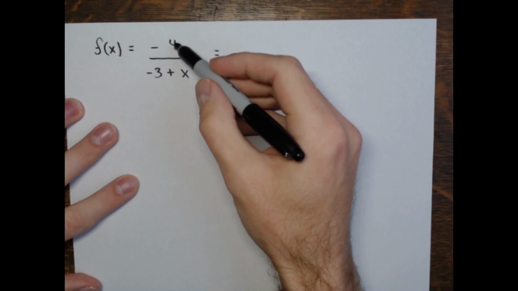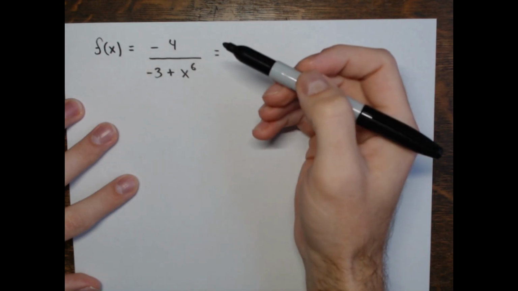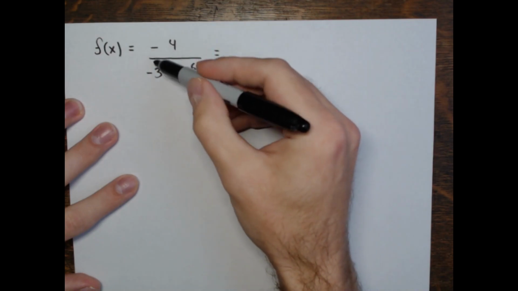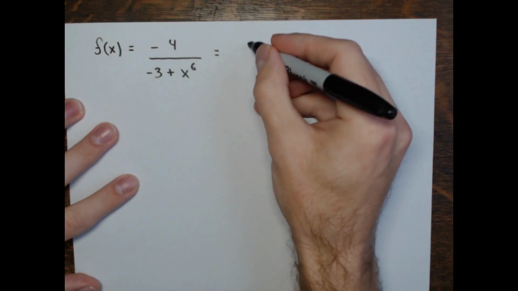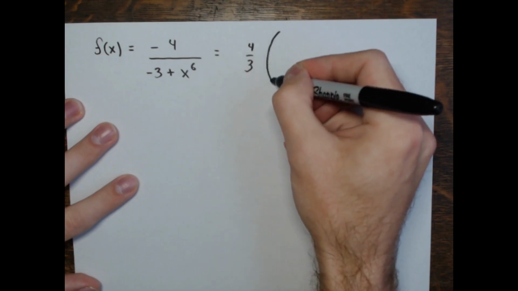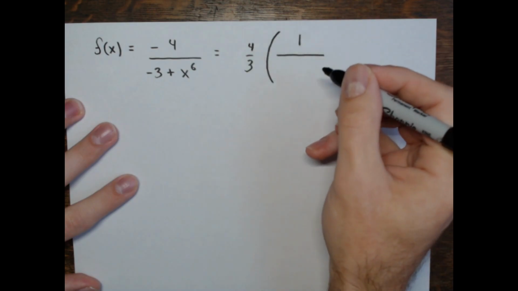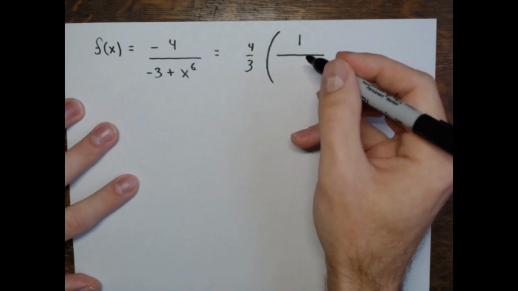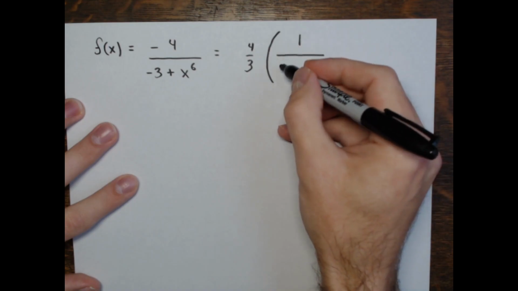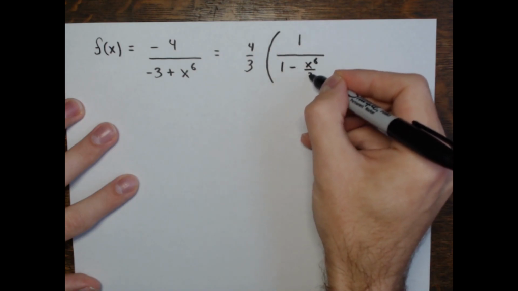Now, if I want 1 over 1 minus something involved here, I'm going to have to factor out 4/3, right? A -4, a negative. So I pull out 4/3. This will be equal to 4/3 times 1 over 1 minus x to the 6th over 3.